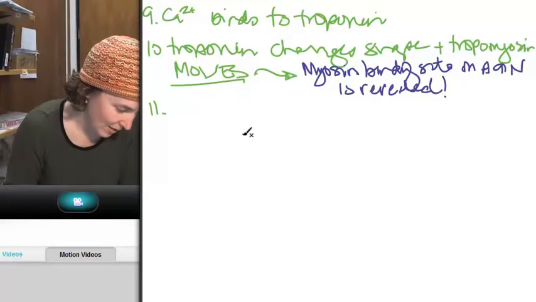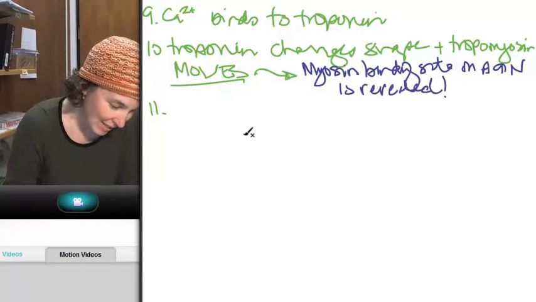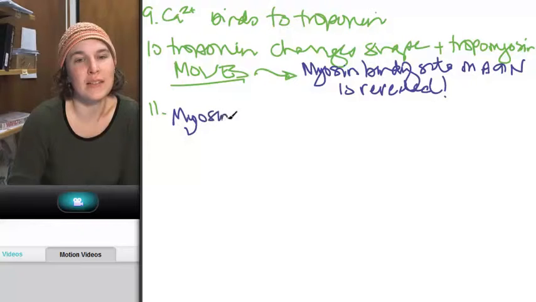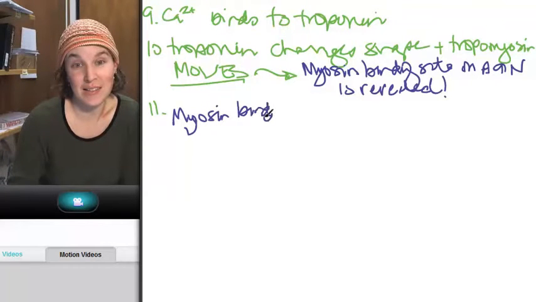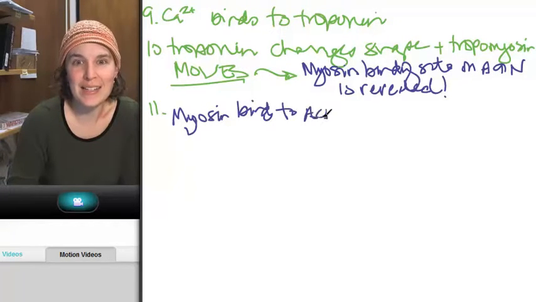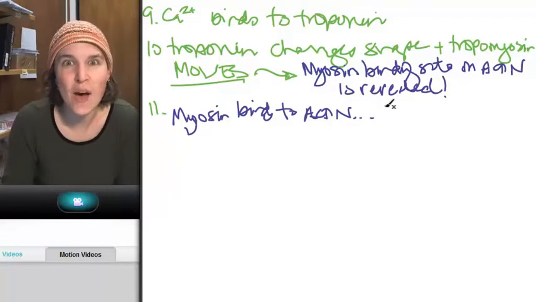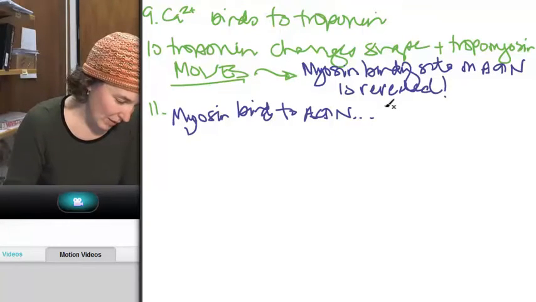Let's see if that's what I said. Myosin binds to actin. Of course it does. They both have those binding sites, and now the binding sites are available. Guess what happens?